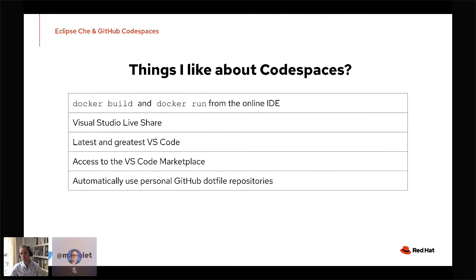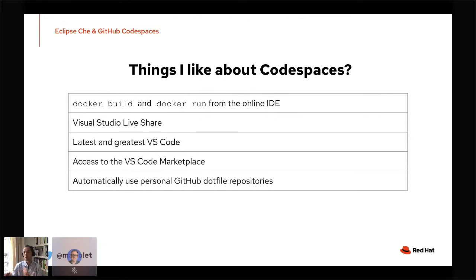It's possible if configuring Che to run containers as privileged containers. That's possible, but it's something that we don't actively support, so we let users configure that. The other thing that Codespaces has is Visual Studio Code Live Share. So it's possible to share a workspace with a co-worker.